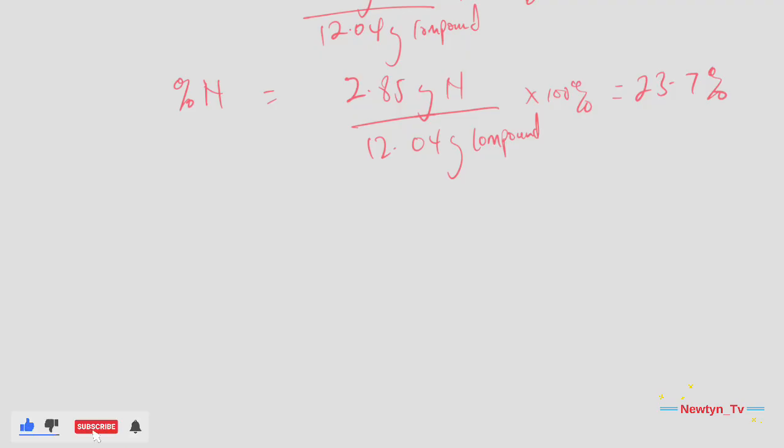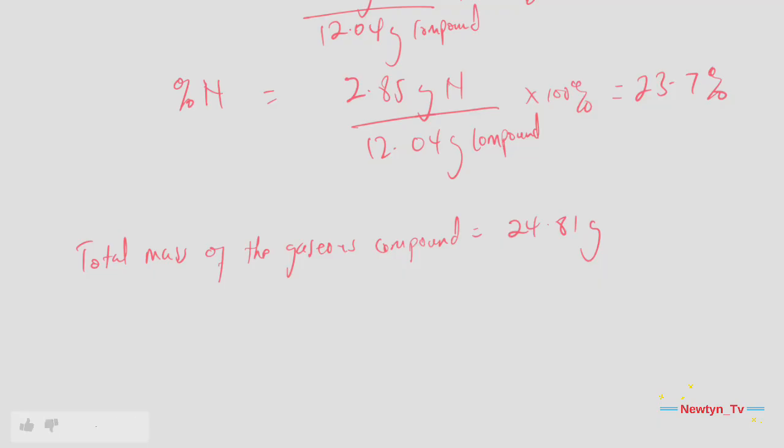So let's say we have a sample of gaseous compound, and the total mass of the gaseous compound is 24.81 grams. Now in this compound, we have only carbon, oxygen, and chlorine to be determined.